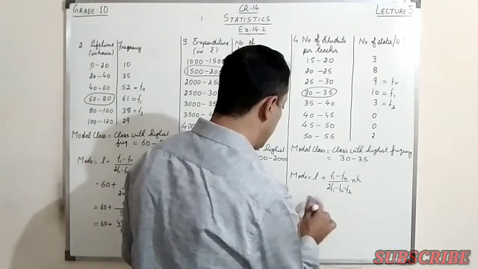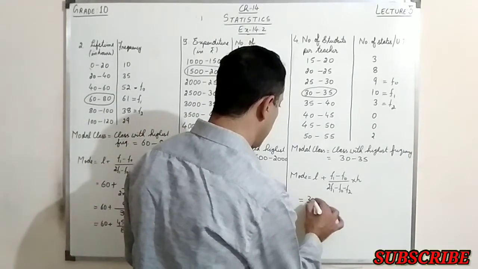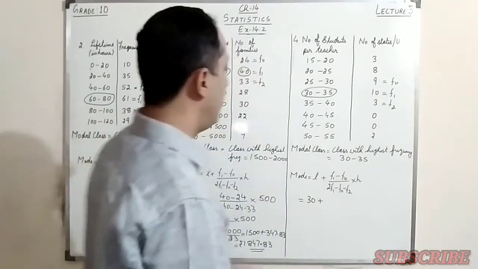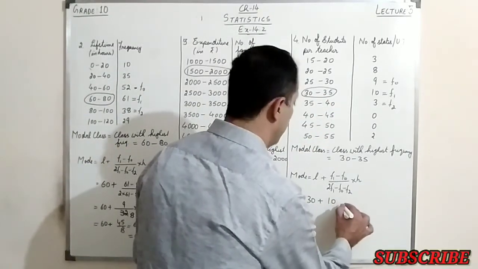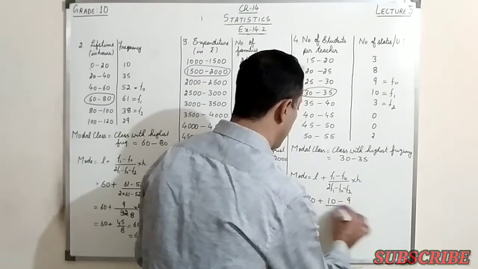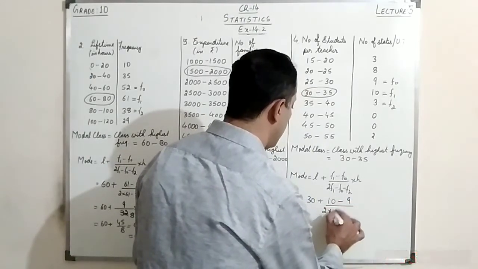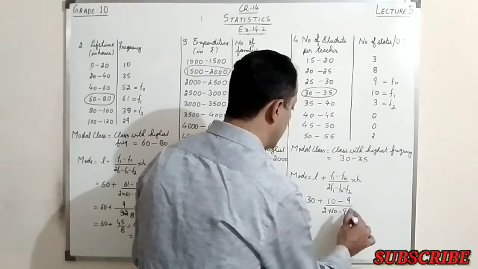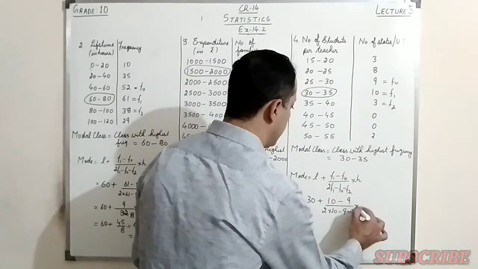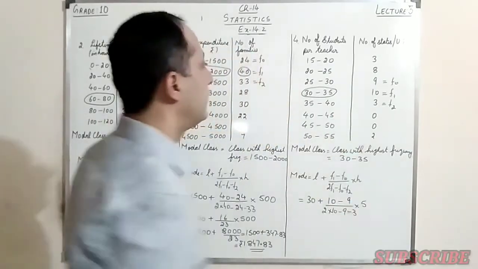Substitute the values. l is 30 plus. Now f1 is 10, minus 9, upon 2 multiplied by 10, minus 9, minus 3, and this is multiplied by 5. So we have the class size as 5.